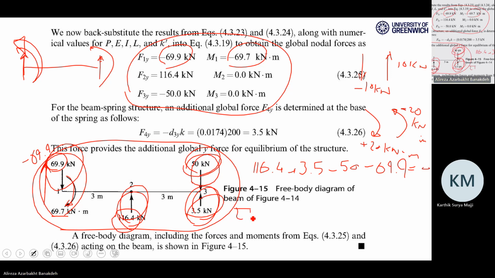Summation of M should be 0 against any point you like. You can have it on the left, for example against point number 1, 2, or 3.